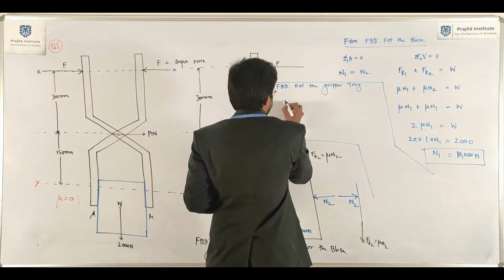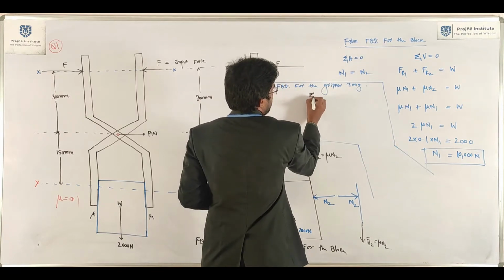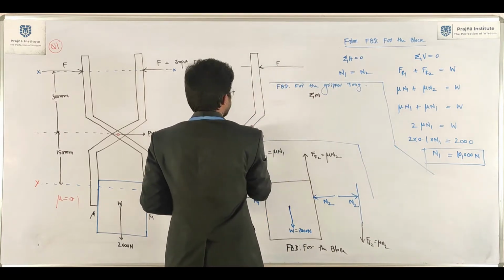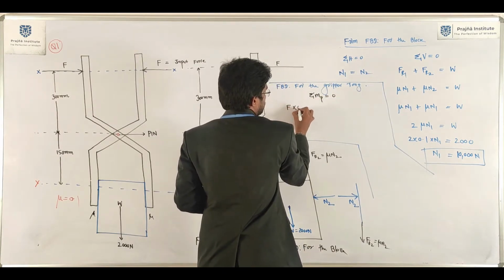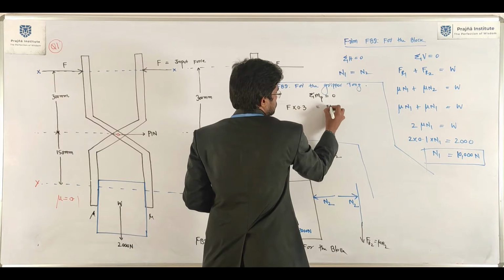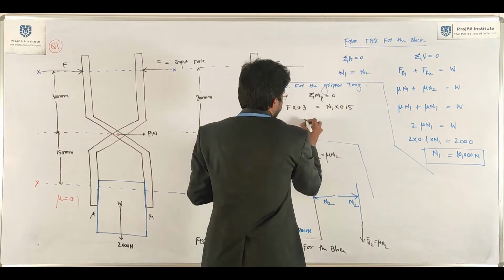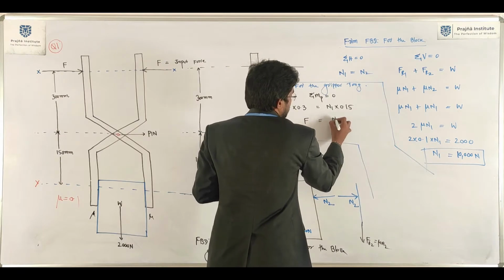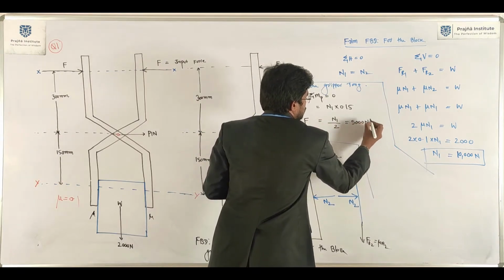That means apply moment about pin P. Moment about P equals 0. F into 0.3 equals N1 into 0.15. Finally, you are getting F equals N1 by 2, 5000 Newton.